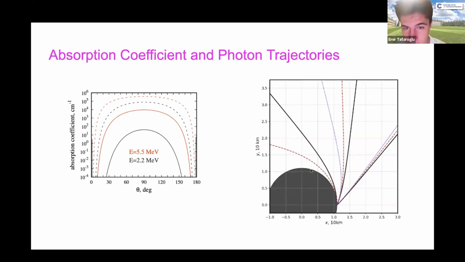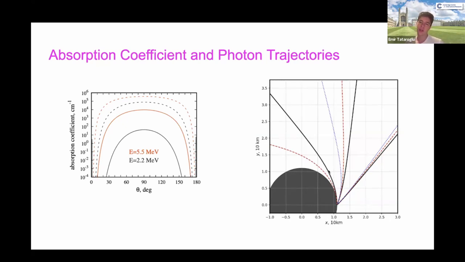If you look at the figure on the right, there's a neutron star, and each line is photons emitted from a particular angle, with respect to the surface: pi over 2, pi over 4, and pi over 3.